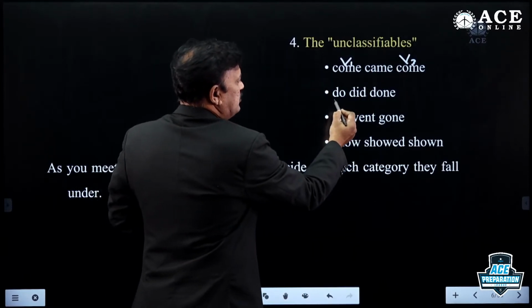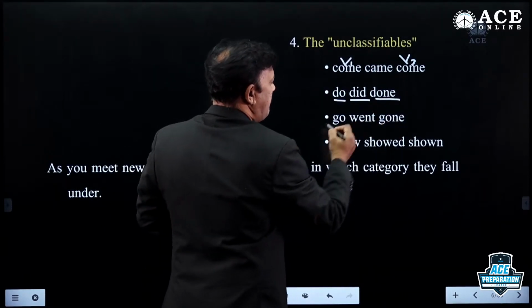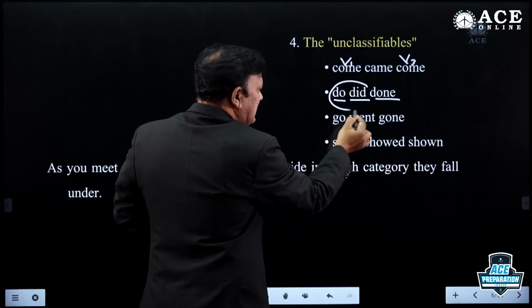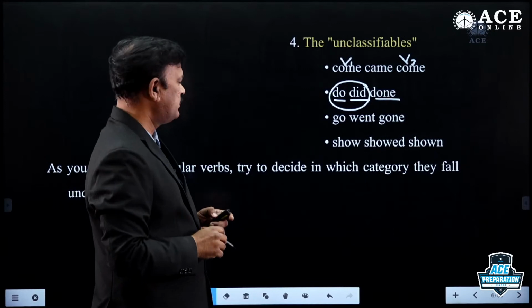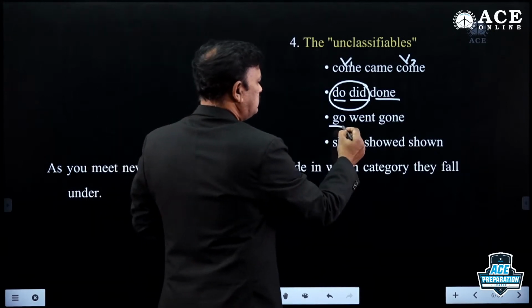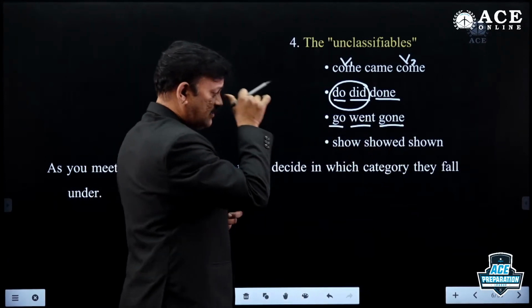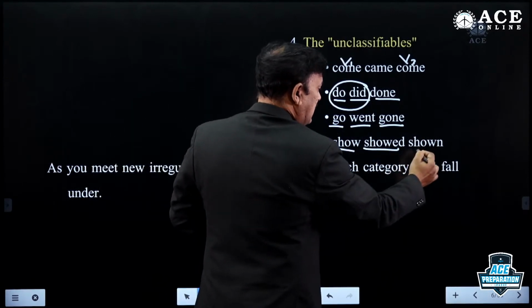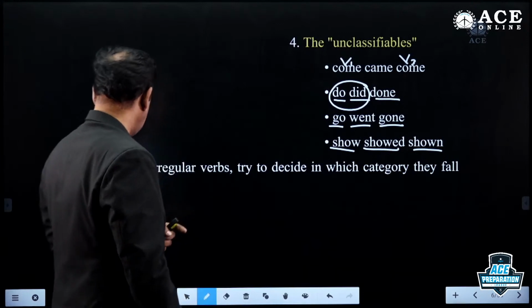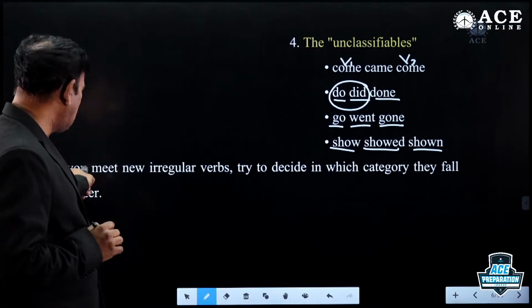Do, did, done. There is another usage for this, helping verbs, that we'll see in the helping verbs session. Look at this one: go, went, gone, three different. Show, ed form, showed, and shown. Fine.